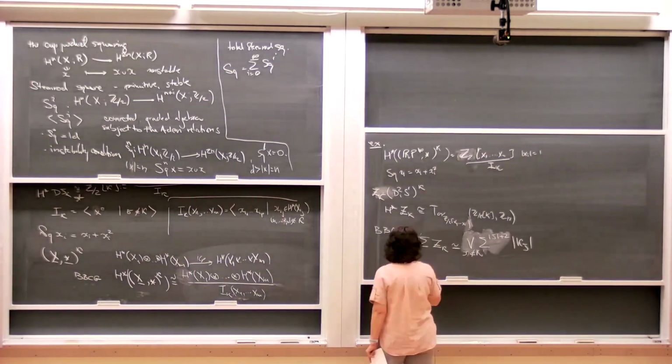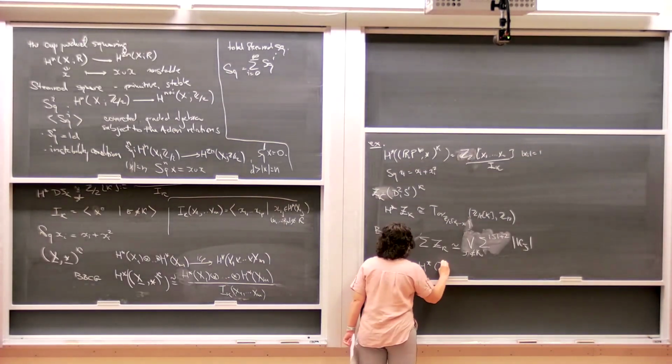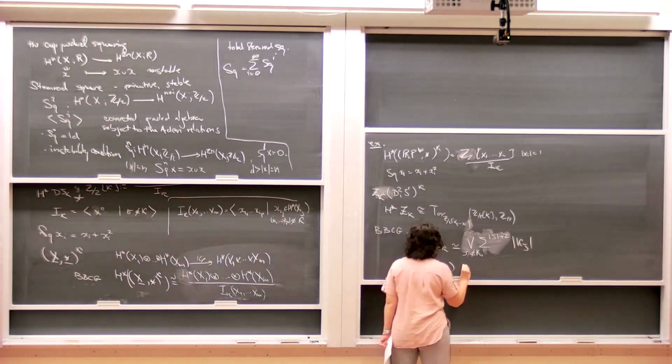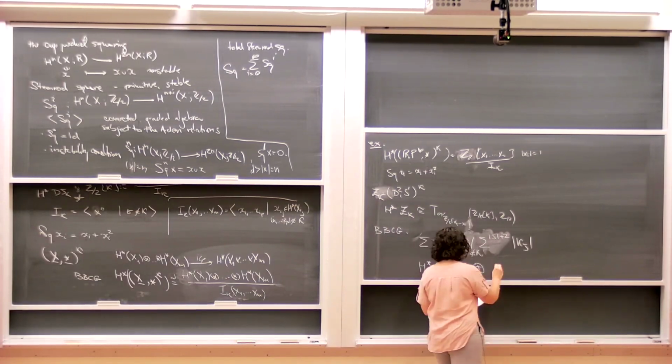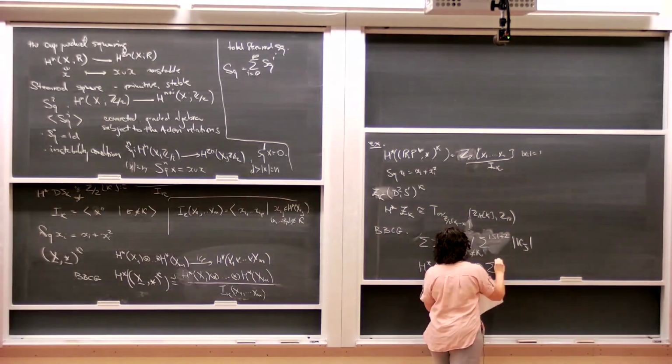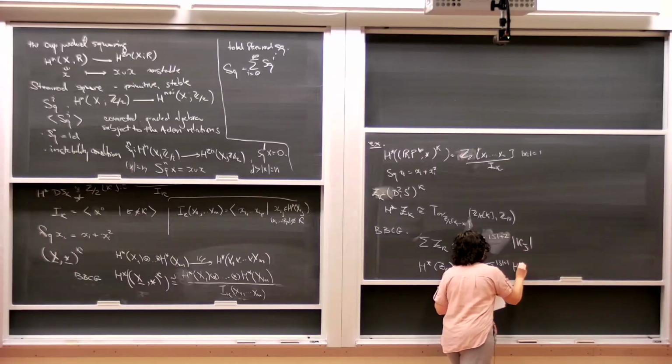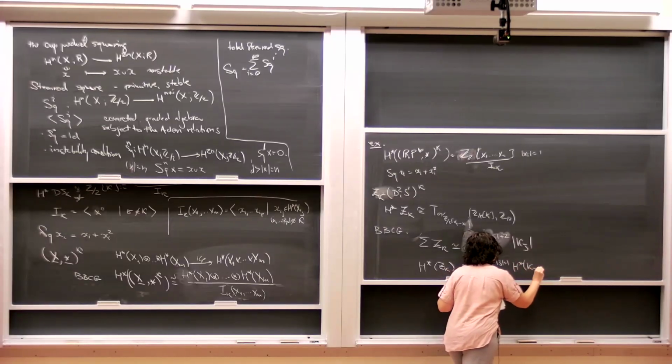Obviously, this induces an isomorphism in cohomology. What I have is J plus 1 of the cohomology of K_J.